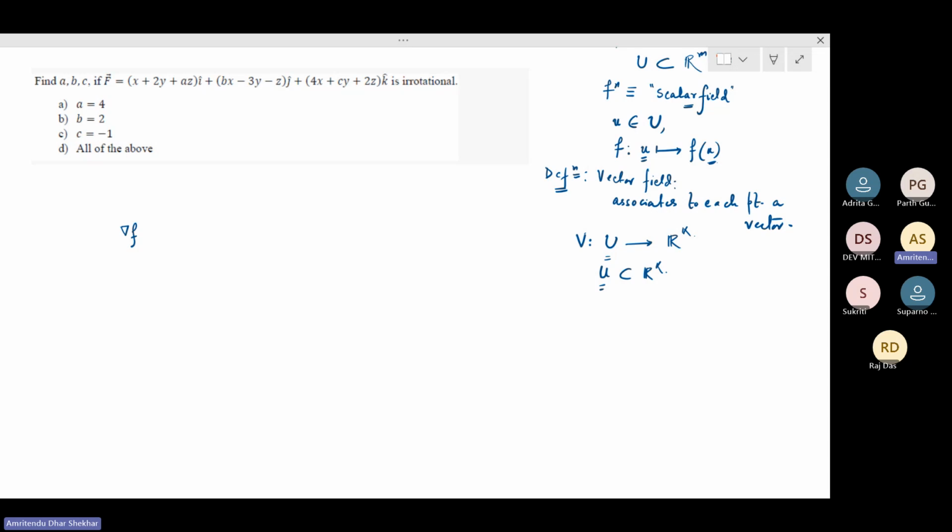Okay, it's kind of nice to sometimes think of functions as scalar fields. They're just one and the same. There's no difference, but when you think of a field, you can think of some physical quantities like pressure, temperature, etc.